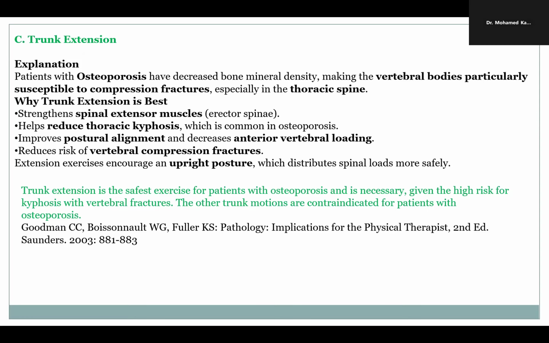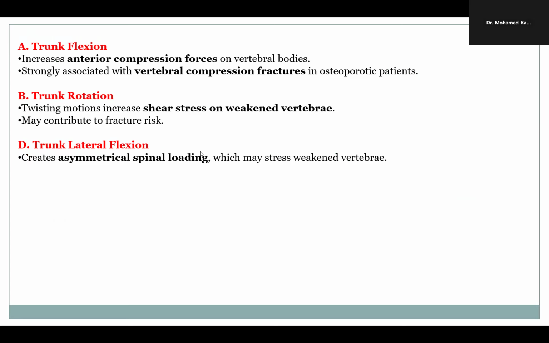So this is the answer, but let's look at the incorrect answers here. Trunk flexion will increase the anterior compression forces on vertebral bodies, and this is strongly associated with vertebral compression fracture in patients with osteoporosis.